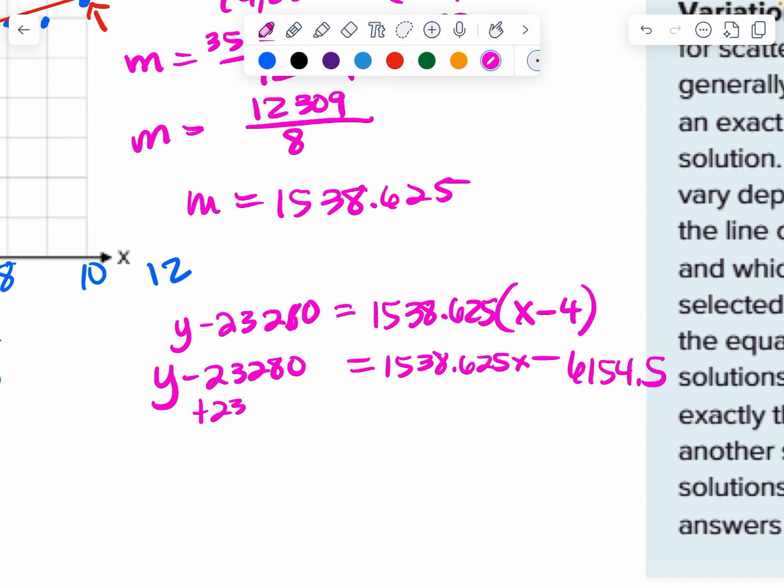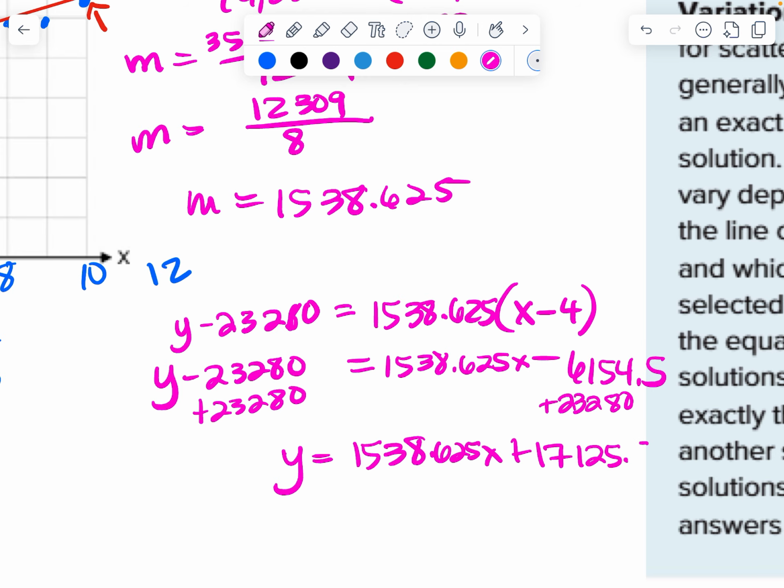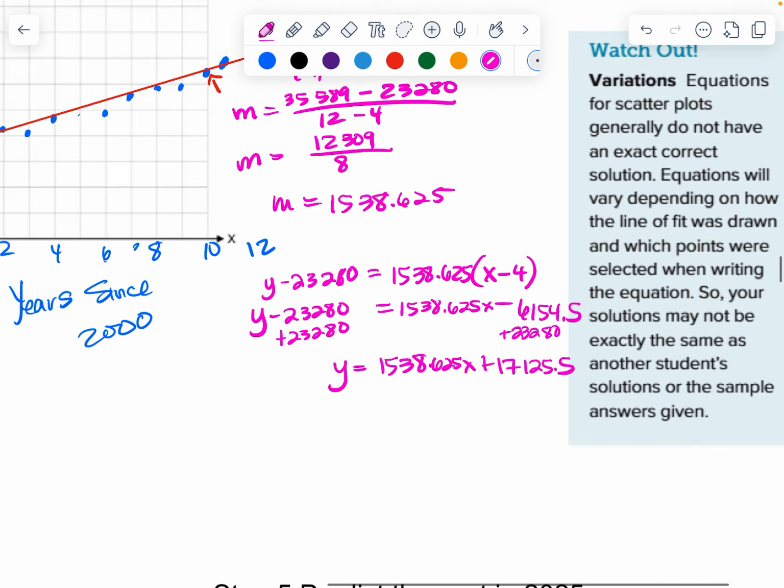I add 2280, and I get y equals 1538.625x plus 17125.2. Okay? So there we have it.